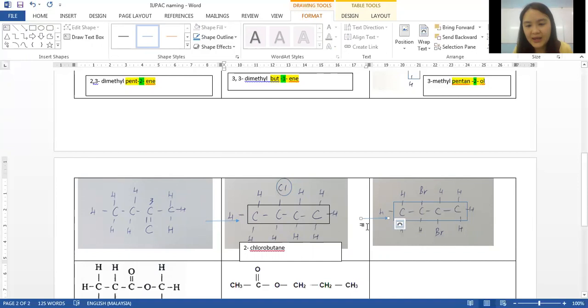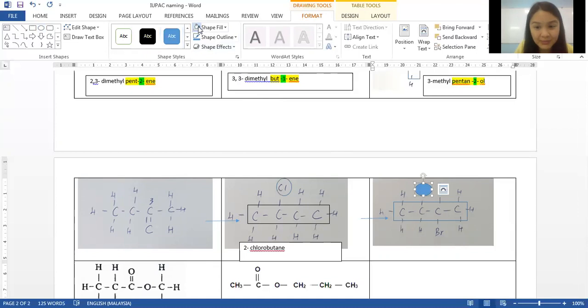If I read from A, my special groups are at position 2 and 3. If I read from B, they are also at position 2 and 3. So whether you read from A or B, it gives you the same result. Again, these are not branches. Branches means carbon branch. These are special groups.